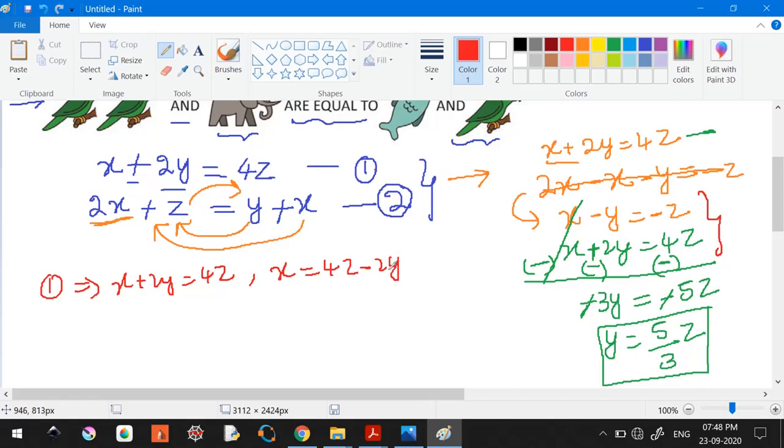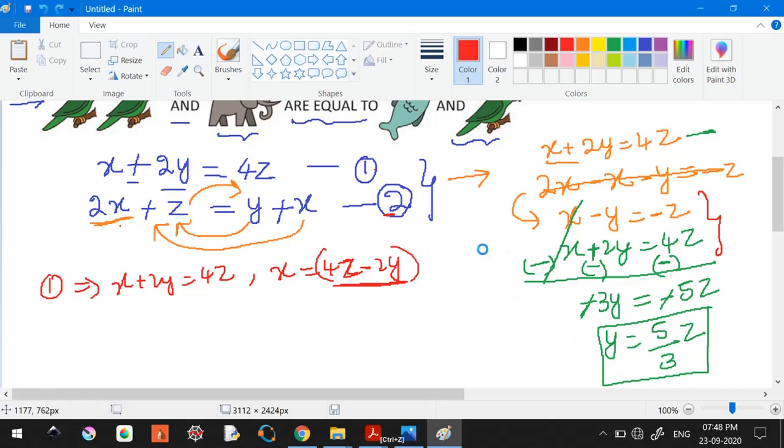Like that you can write. X you have written in terms of 4Z minus 2Y. Now in the second equation, wherever X is available, you just put this thing, 4Z minus 2Y. So that the equation will be in terms of Z and Y only, and if you simplify that, you will get the same thing, this one, both are same.